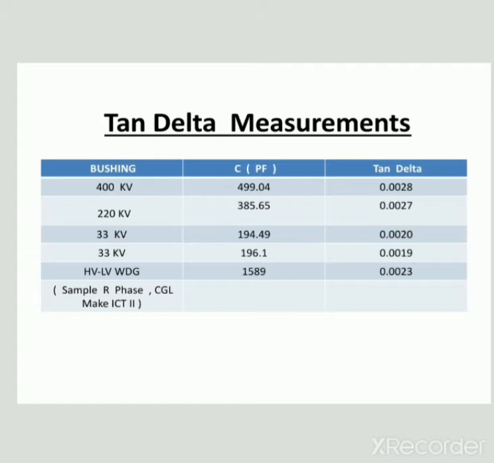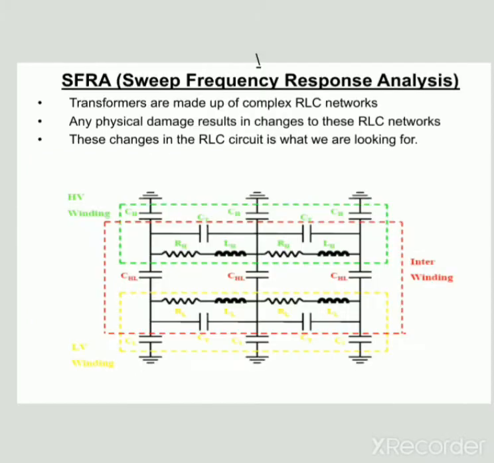The PF is allotted, and then tan delta measurement is going to be calculated. So for 400 kV, 220 kV, 33 kV, and all our HV and LV windings, according to that device, the tan delta measurement is going to be done.